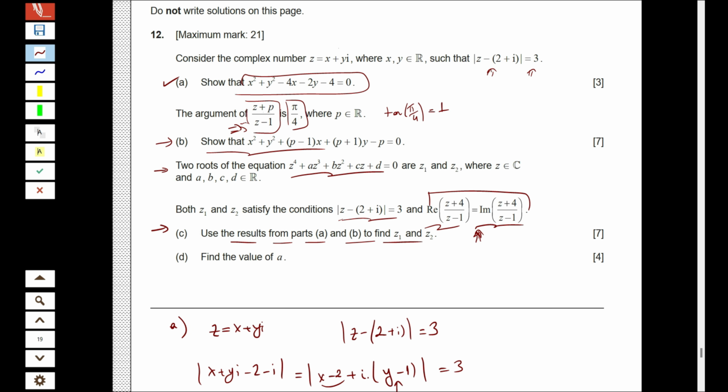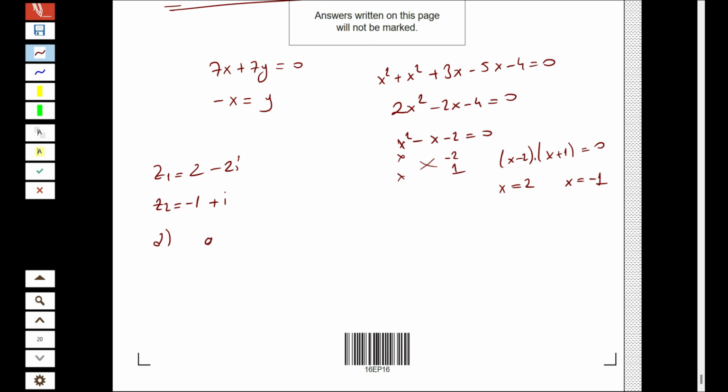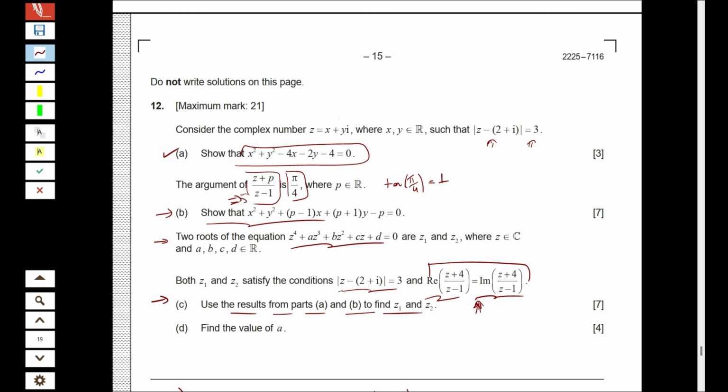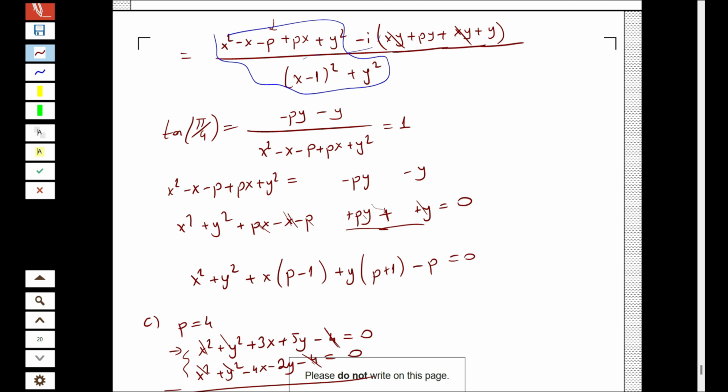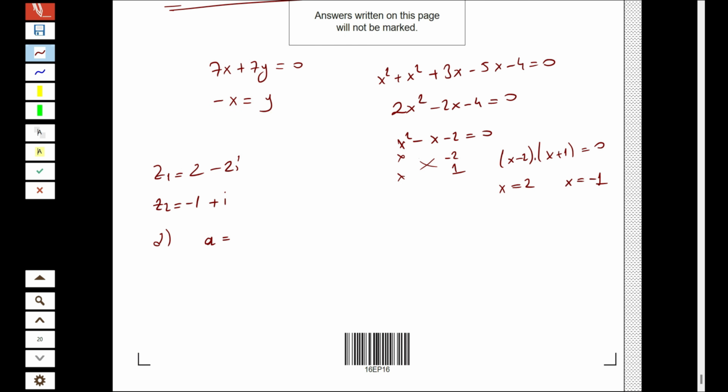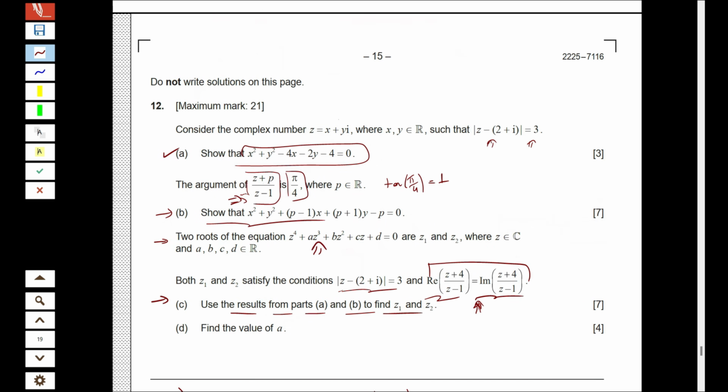In the last question, we find the value of alpha, right? And I know that this part of this equation will give us the sum of all of the roots. The sum of all of the roots Z1, Z2, Z3, Z4 is going to be minus alpha over 1, because the leading coefficient in this equation is 1.